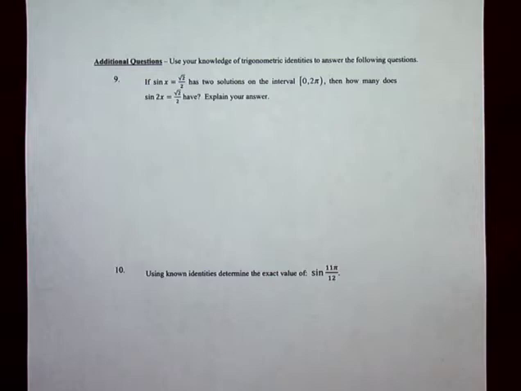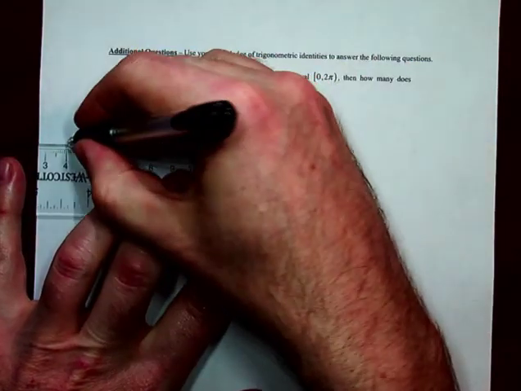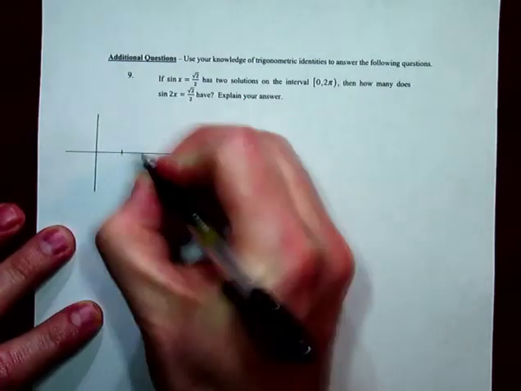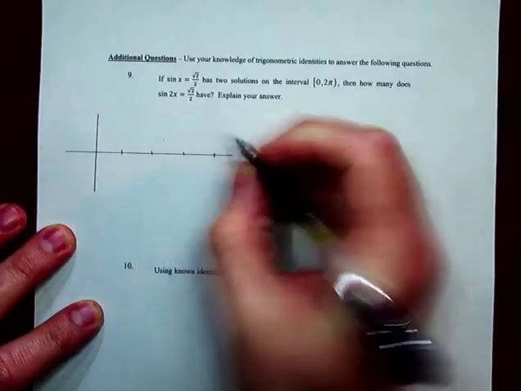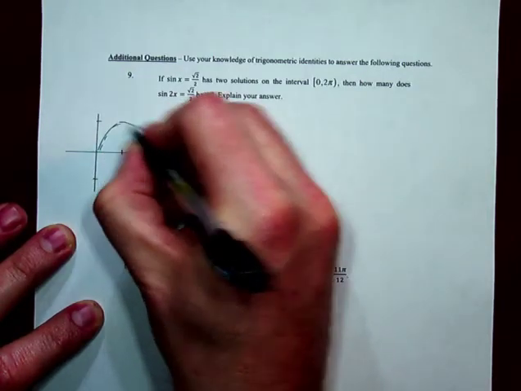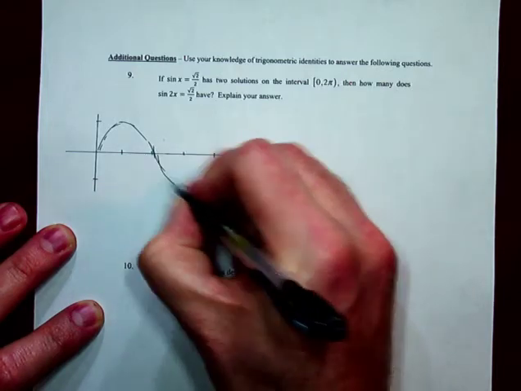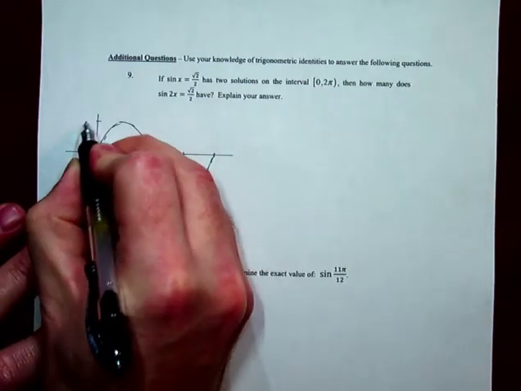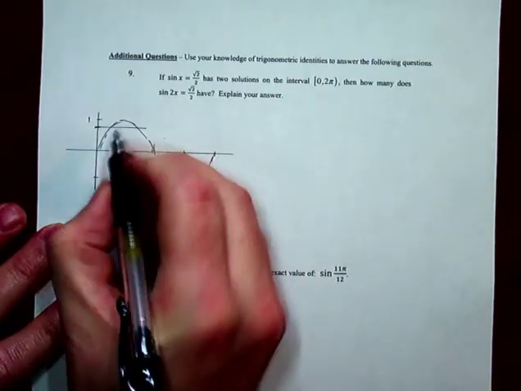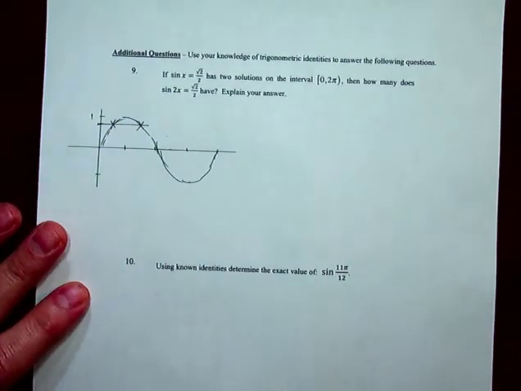Well, just think about it graphically. Let me get a ruler out. If this is sine of x, and if this is 1, then root 2 over 2 is 0.7, right? And so it's these two values, pi over 4 and 3 pi over 4.